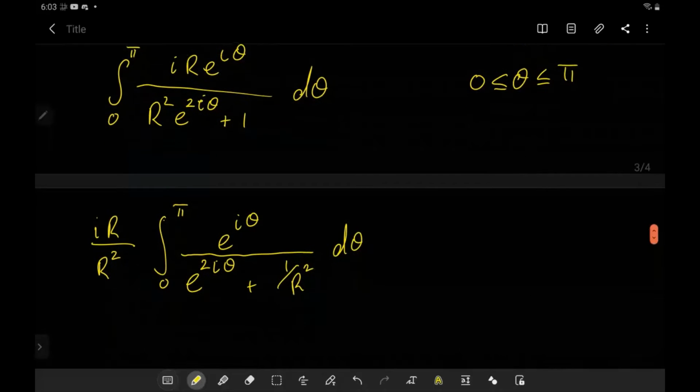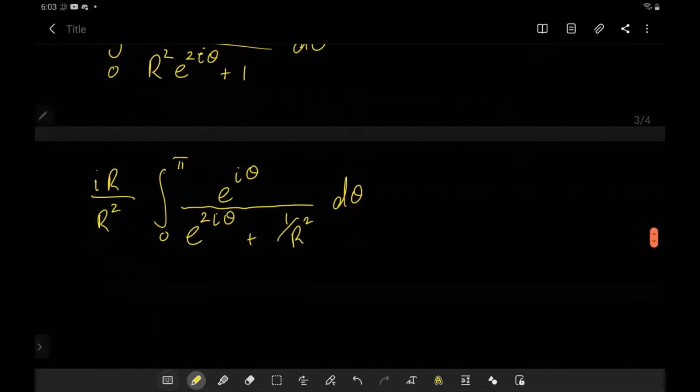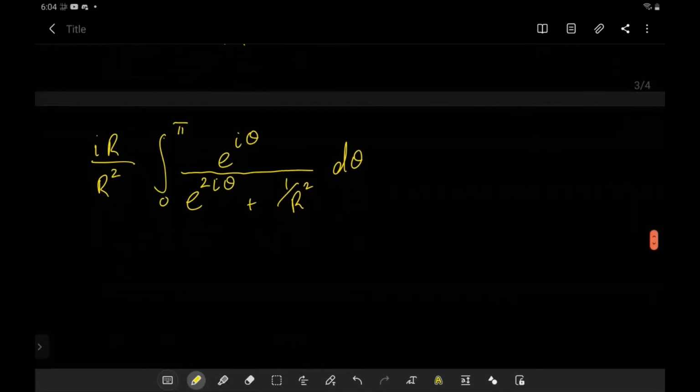Now, I know I may get some backlash for this, but for the sake of this video, we won't go through the integral, but we can show that this is finite because the only variables that we have here are e to the i theta and e to the 2i theta, and these are finite valued on this interval. In fact, they are finite valued on any interval.